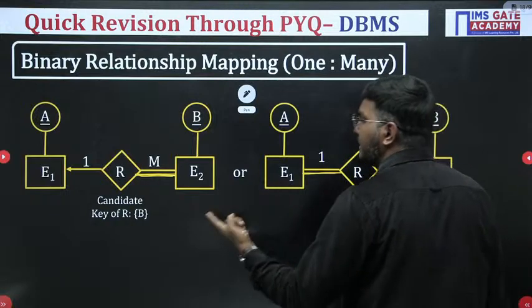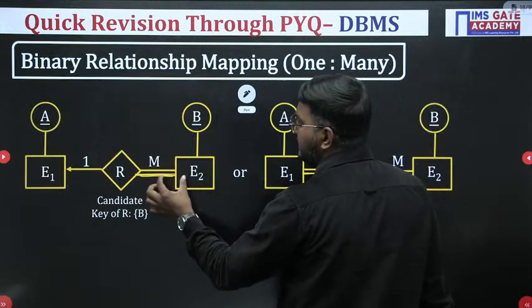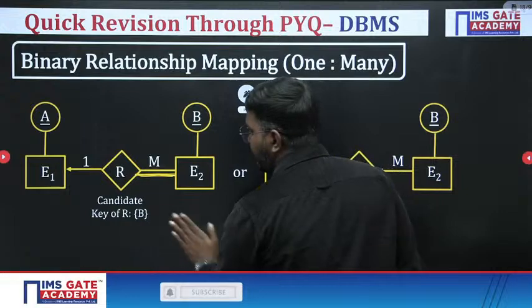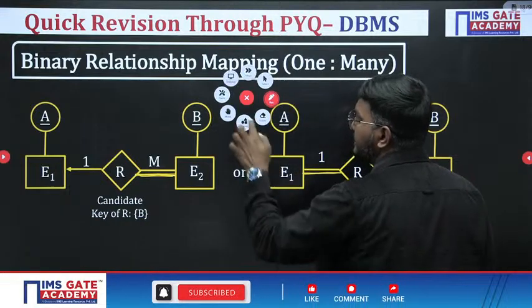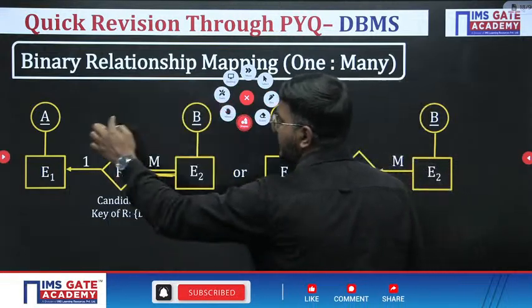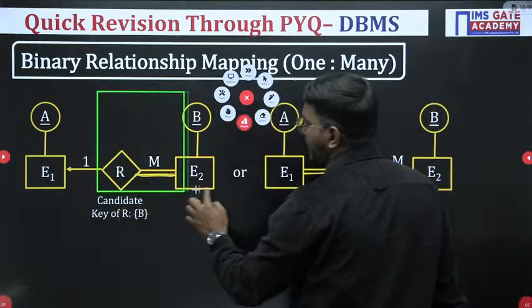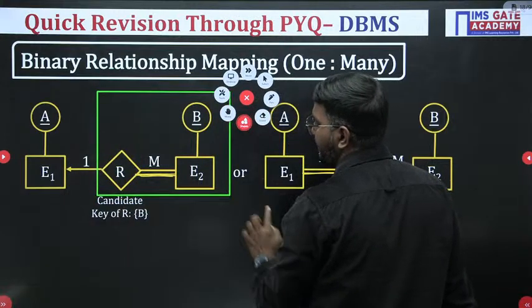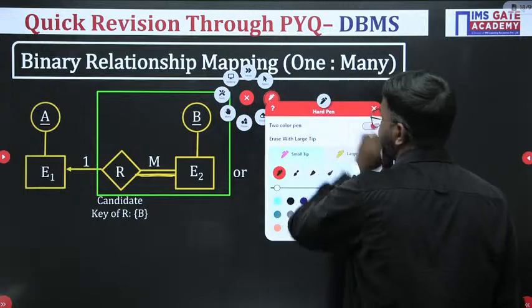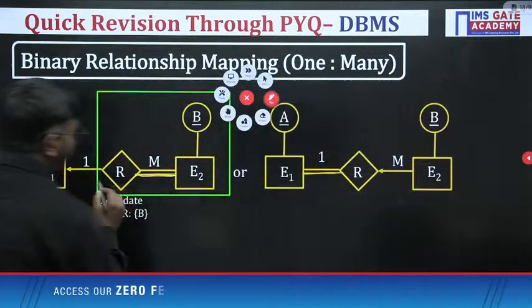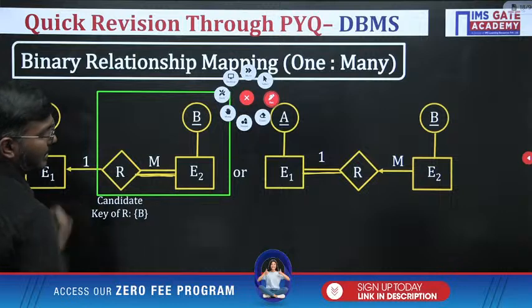Understood? So in this case, if we are having a total participation towards the many side, then this R, the relationship set, gets merged towards the many side. That is our standard way. So here the R is getting merged towards the many side.